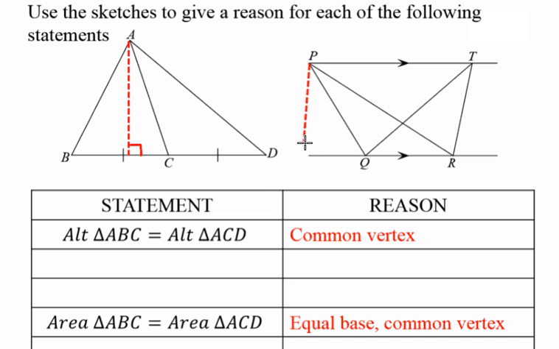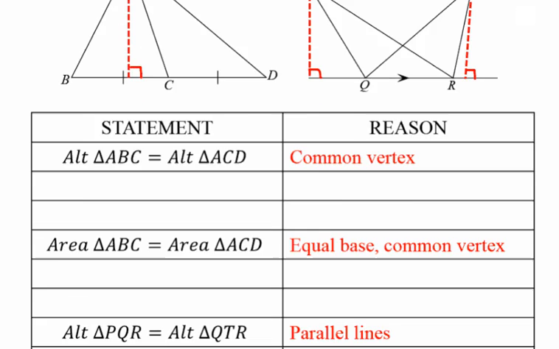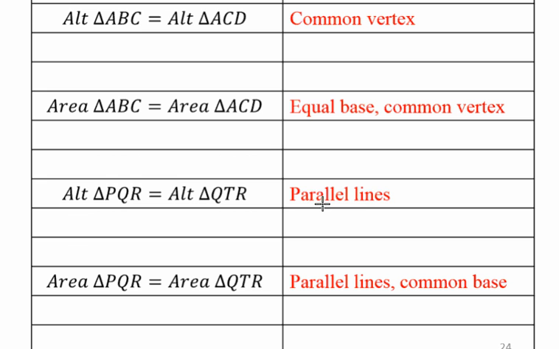So here's an altitude for PQR. Here's an altitude for QTR. They're both external altitudes if QR is the base. So there's the altitude. So we see for both of those, because they're between parallel lines, they have exactly the same altitude. So I can just say parallel lines.